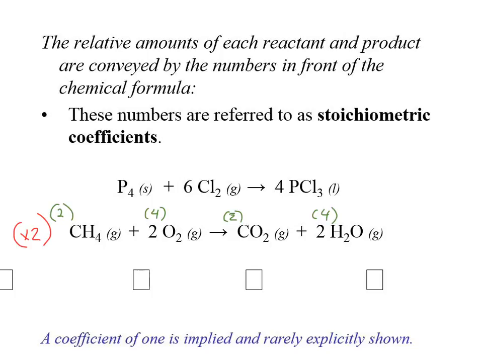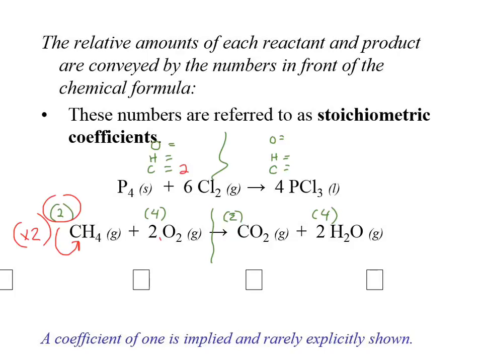Let's do a quick check and make sure that if we go with coefficients of 2, 4, 2, and 4, we have the same number of atoms of each type of element. What we're balancing here looks like carbons, hydrogens, and oxygens. Down here, with regard to carbons, if this is a 2, I have 2 carbons.